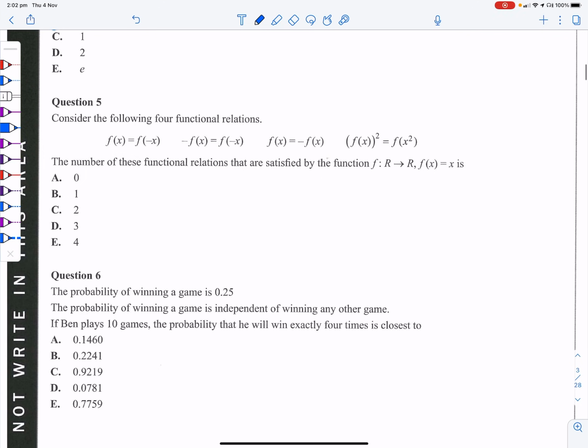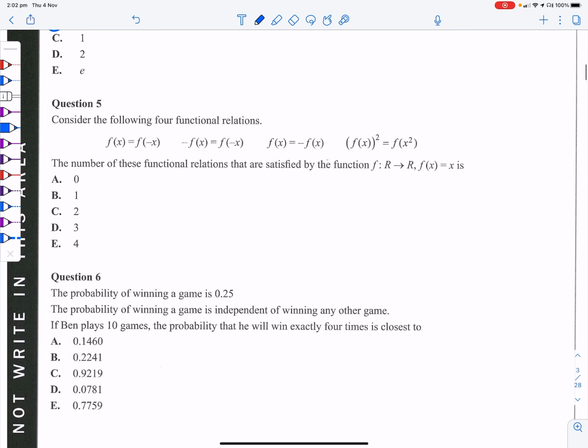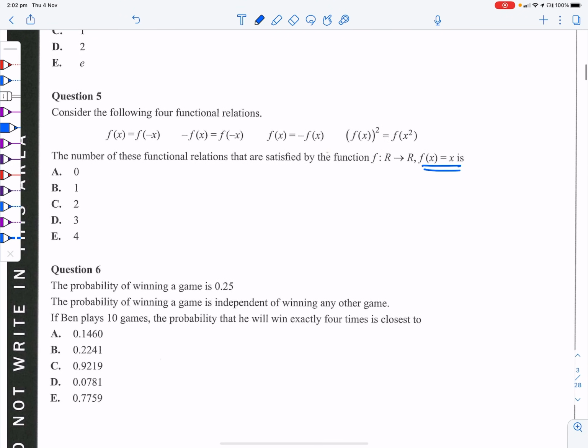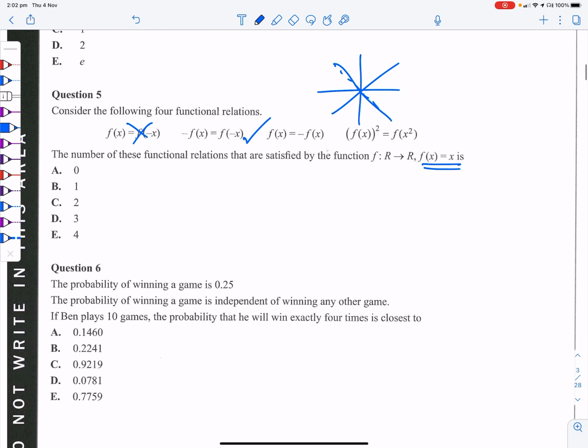Okay, which of these following 4 functional relations, the number of these functional relations that are satisfied by this equation? So f of x equals x. Okay, so remember it's a line that looks like that. So if you reflect it in the y-axis, it's not the same as the original function. If you reflect it in the x-axis and in the y-axis, it is the same. If you reflect it in the x-axis, it's not the same.